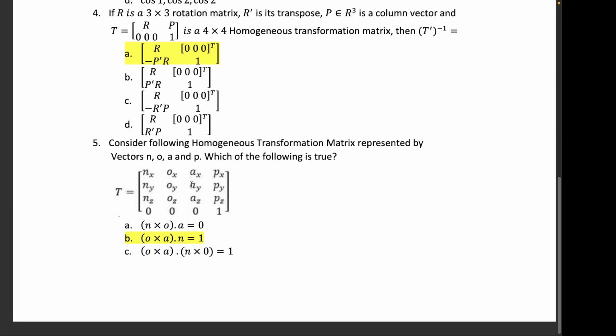As I just mentioned, a rotation matrix is an orthogonal matrix, so the columns of an orthogonal matrix are perpendicular to each other. You can imagine they form a basis of the Euclidean space, right? For any 3 perpendicular vectors, this holds: O cross A will be parallel to N, so N dot N will be 1.